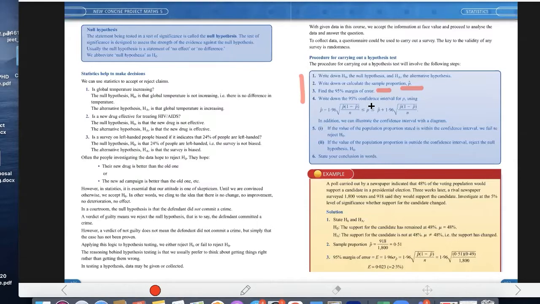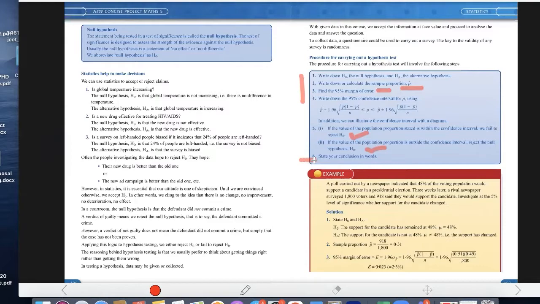And if it is within it, you fail to reject H0. So in other words, H0 is correct. If it's outside the confidence interval, then you're rejecting the null hypothesis and we're concluding that the alternate hypothesis is correct. And the last step, you state your conclusion in words.